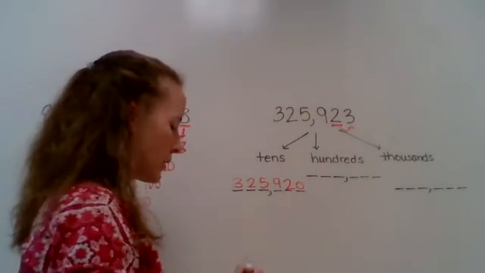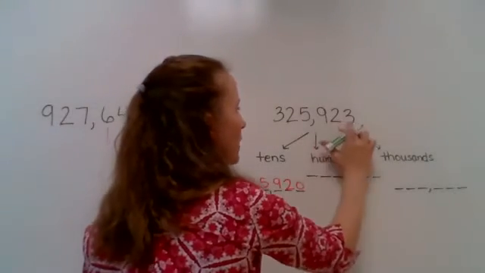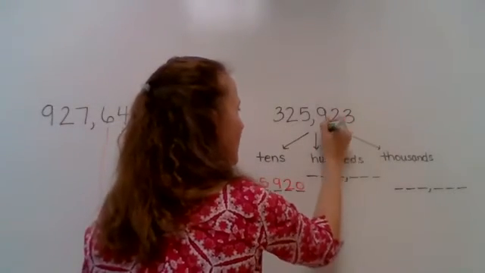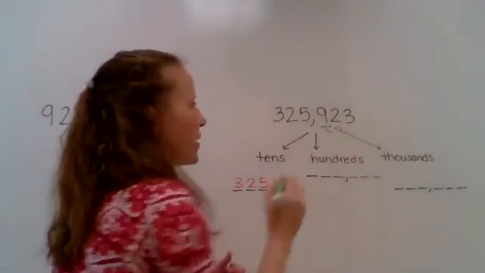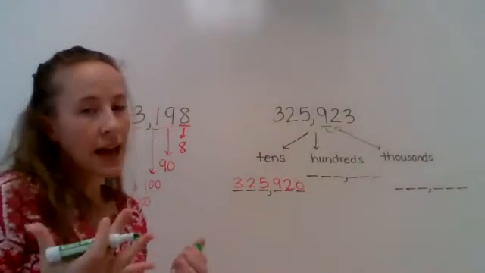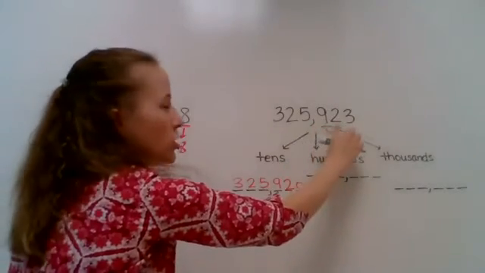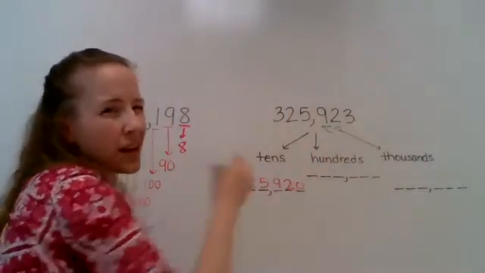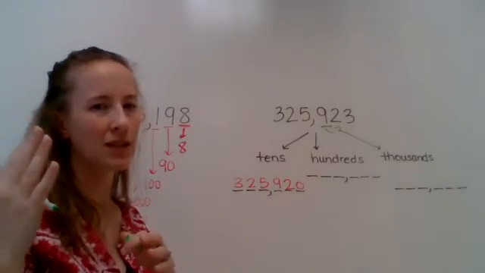Let's do the same thing but with the hundreds. Okay, so I'm going to swap colors here, and I'm going to underline the hundreds place, and I'm going to look at the neighbor. So that 2, once again, tells me that I can round down because 923 is really close to being rounded down to a 900. It's not very close to going up to the next 100.